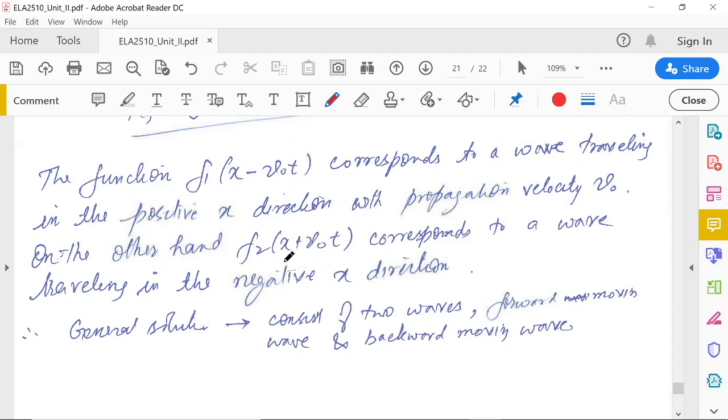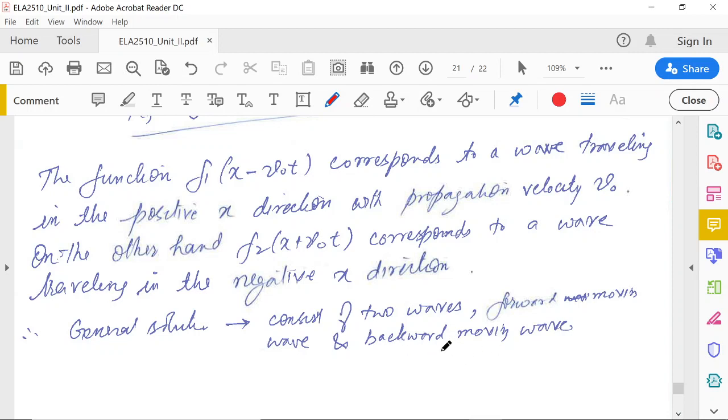On the other hand, if you have plus v naught t, it seems to be moving in the negative x direction with the same velocity v naught. So in general, we can say a function consists of two waves. One wave is moving in the forward direction, another wave is moving in the backward direction. Sometimes it is also called the reflected wave.